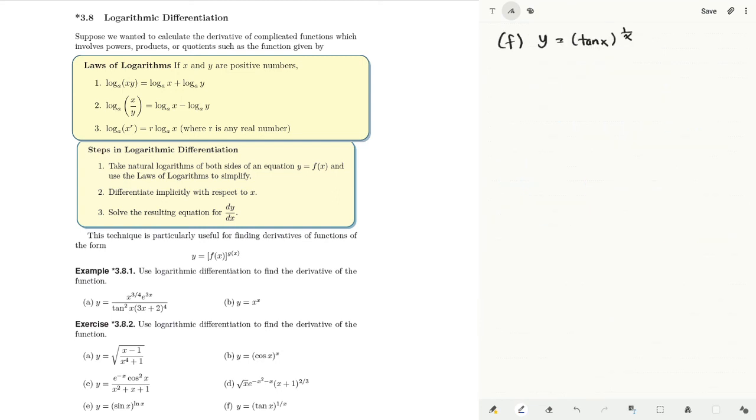So next we'll look at y equals the tangent of x to the power of 1 over x. So once again, we'll use logarithmic differentiation. We have the ln of y is equal to the ln of tangent of x to the 1 over x. So the ln of y is equal to 1 over x times the ln of tangent of x, which is the ln of tan all over x.